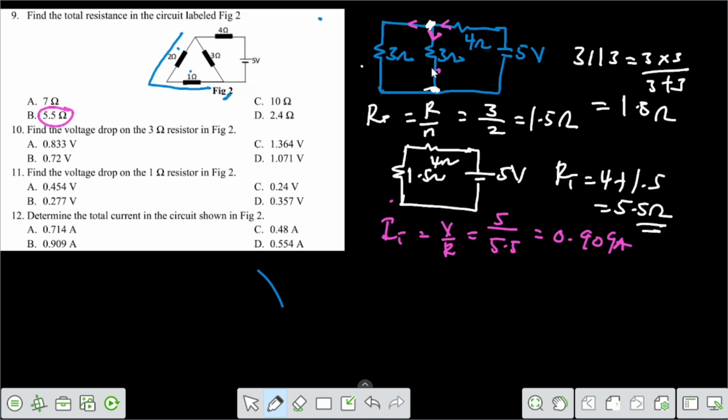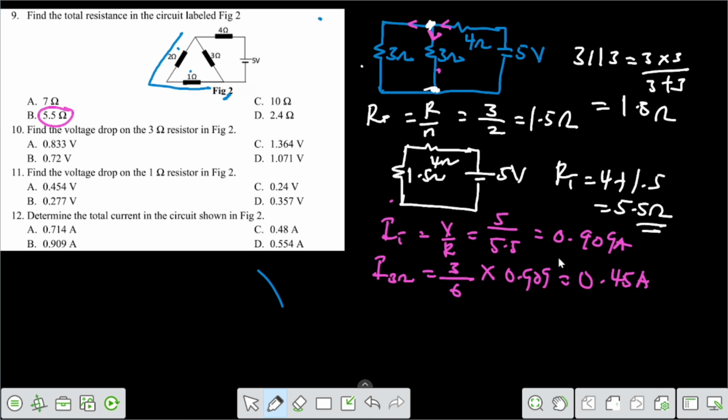So let's find the current division to get the one here. The current through the 3 ohms is the opposite resistance, divided by the summation of the two, which is 6, times the total current, 0.909, which will give us 0.45 amps.